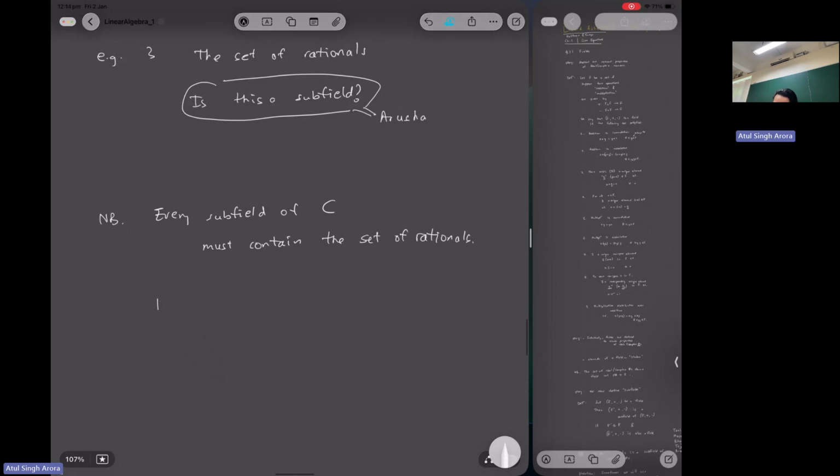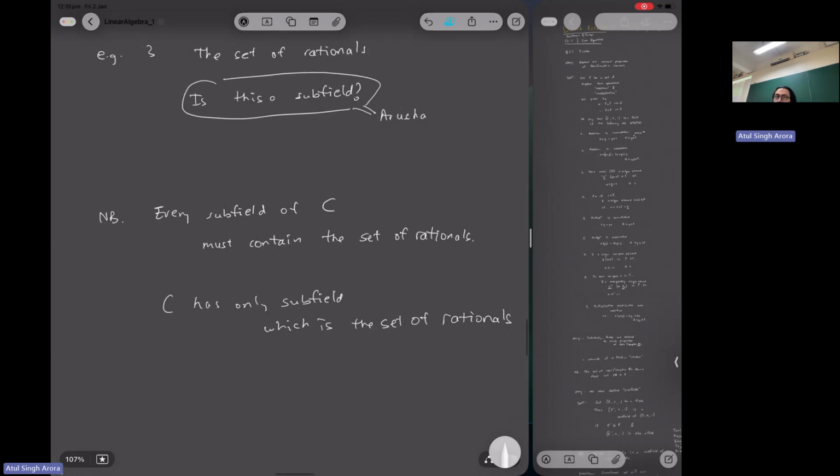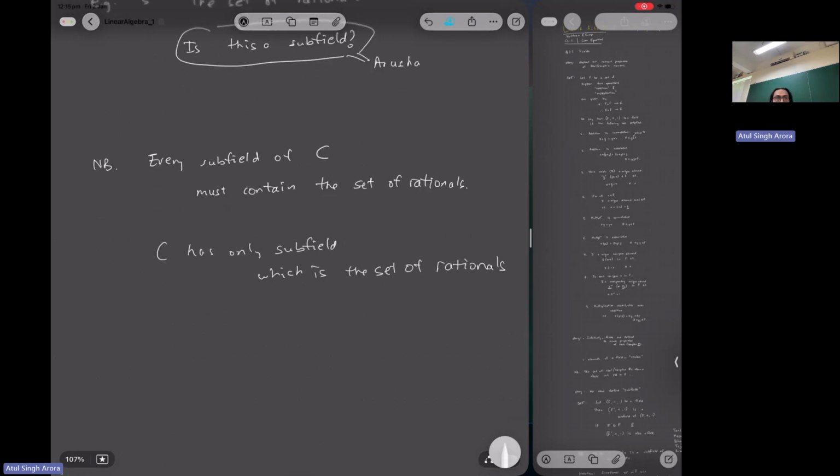Right. So let's clarify this. So C has only one subfield, which is the set of rationals. Okay. And you think these two statements are the same? That's the confusion.